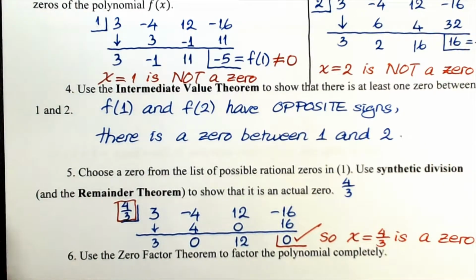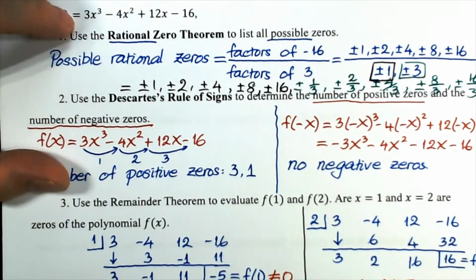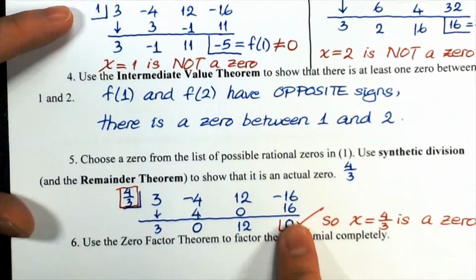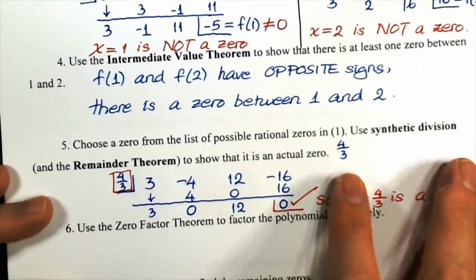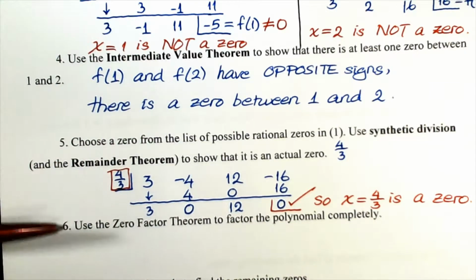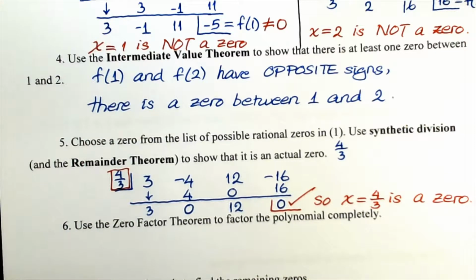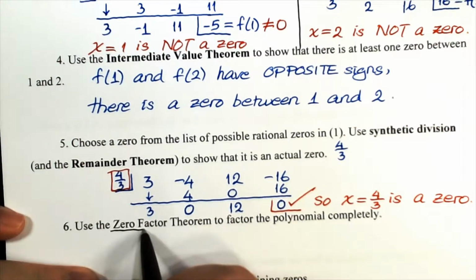Of course we can also put 4 over 3 back into the original problem. We should get 0, but using synthetic division, we not only know 4 over 3 is a 0, we can also factor. This is the zero factor theorem.